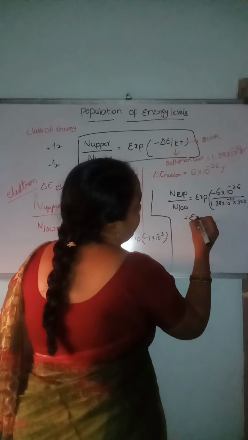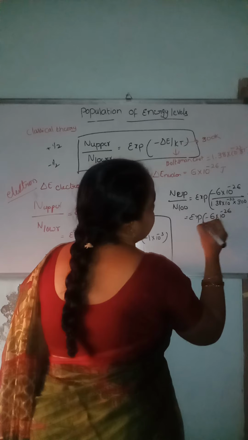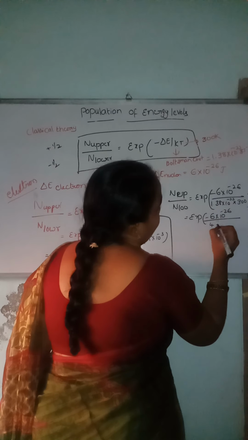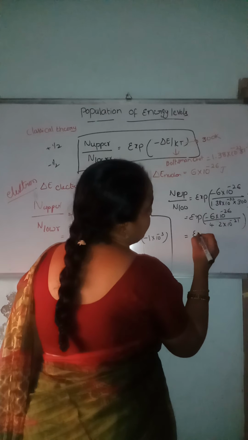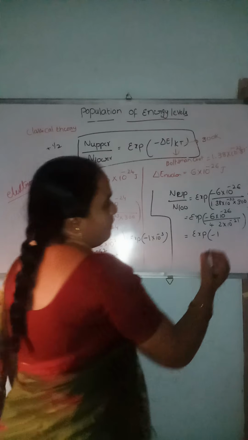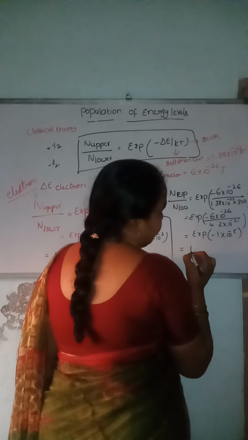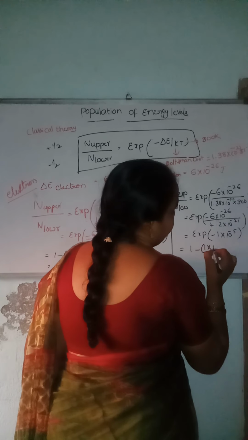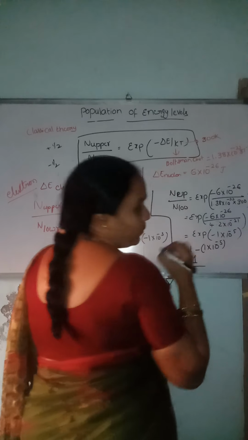So which is exponential of minus 6 into 10 power minus 26 divided by 4.2 into 10 power minus 21. That is exponential of, let minus 6 by 4 be nearly equivalent to 1 multiplied by 10 power minus 5, which can be expanded as 1 minus 1 into 10 power minus 5 and so on, which is simply equal to 1.